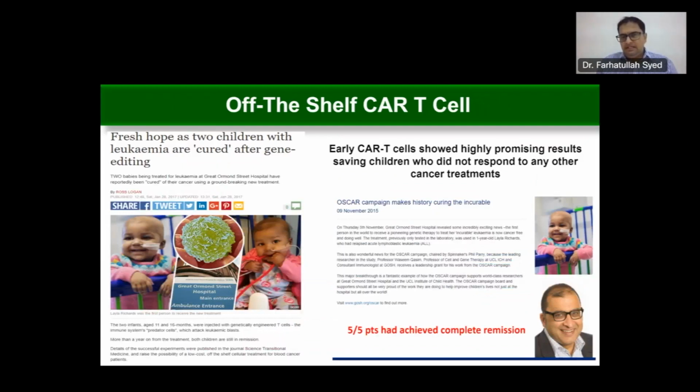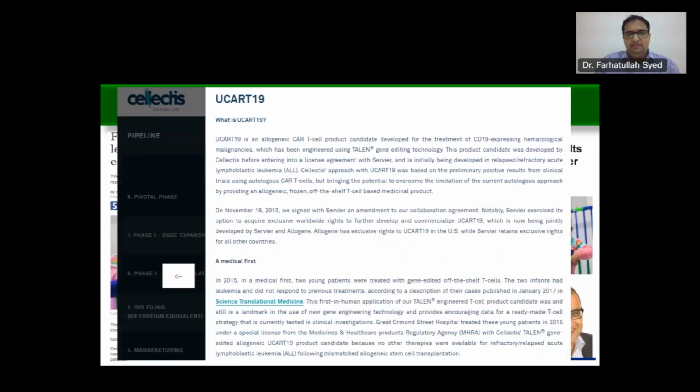After that, the trial has gone to Cellectis completely, and they opened multiple trial sites. Now the trial is still ongoing. So that was the best example of how we can utilize genome editing TALENs for generating off-the-shelf CAR T cells, and again, this was the collaboration with Cellectis.